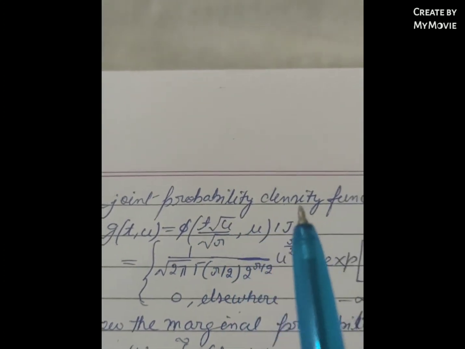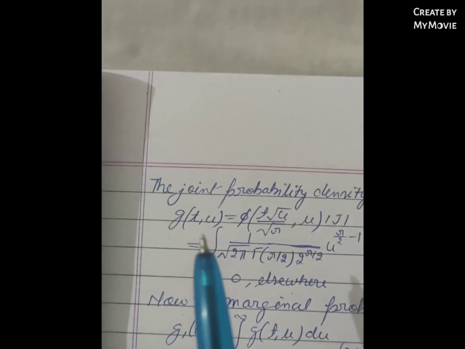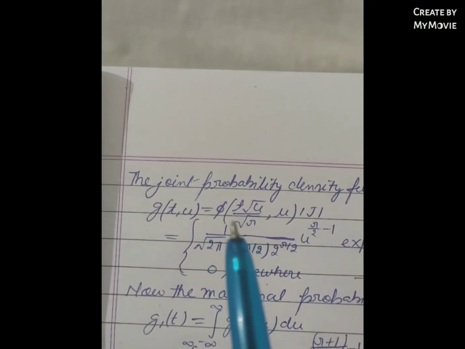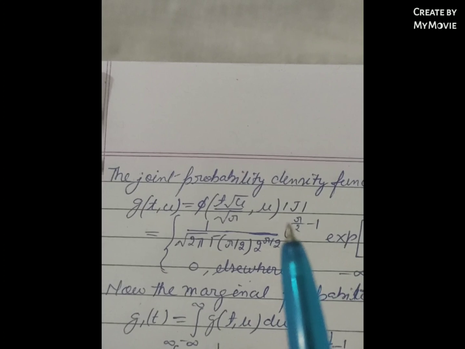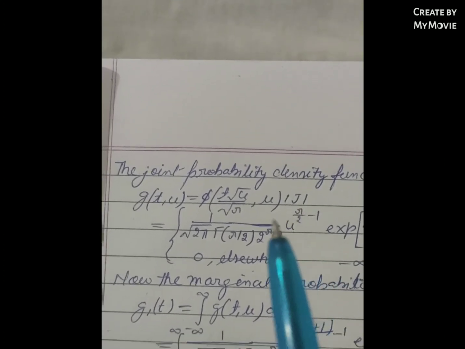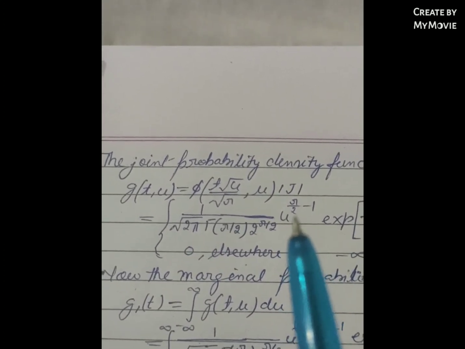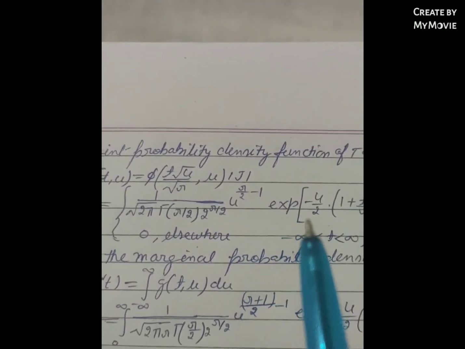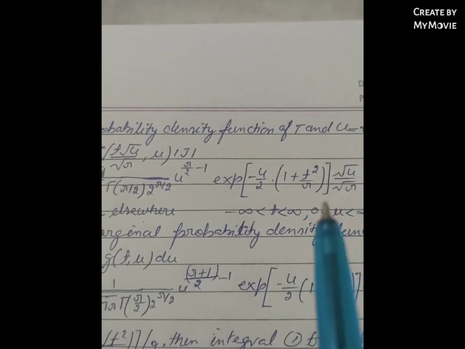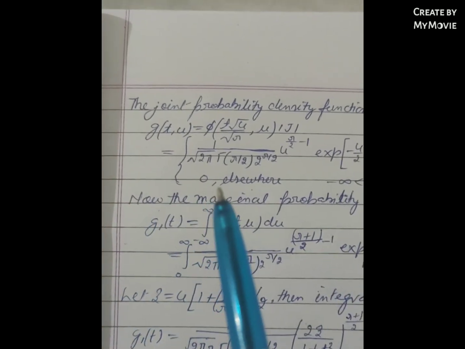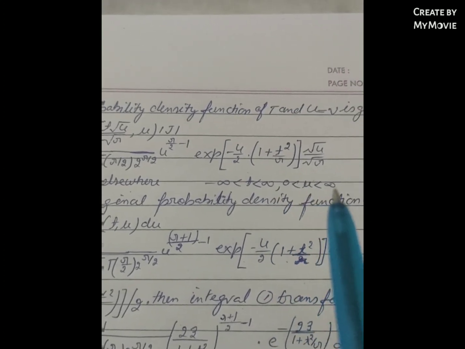The joint probability density function of T and U is given by g(t, u) is equal to phi(t square root of u upon square root of r, u) times modulus of J, which is 1 upon square root of 2 pi factorial r upon 2, 2 raised to power r upon 2, u raised to power r upon 2 minus 1, exponential of minus u upon 2 into (1 plus t square upon r), times square root of u upon square root of r, and 0 elsewhere, for minus infinity less than t less than infinity and 0 less than u less than infinity.